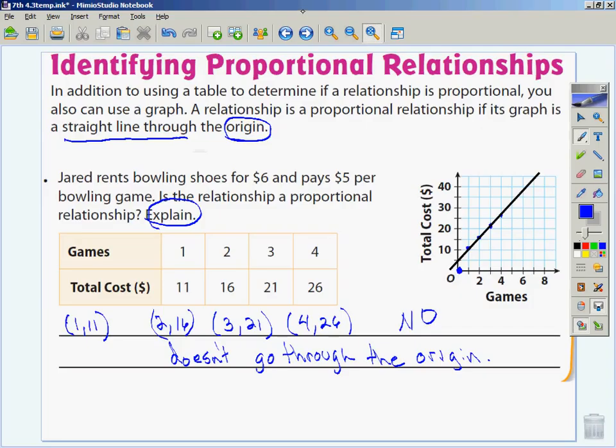Somebody still copying? Okay. Good? Yeah? Okay.